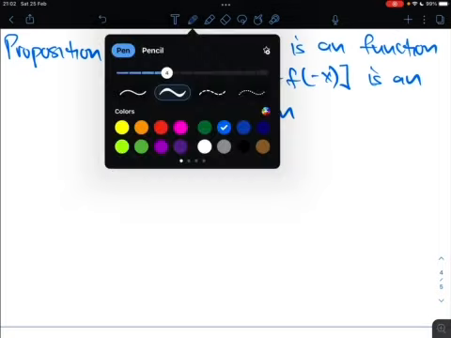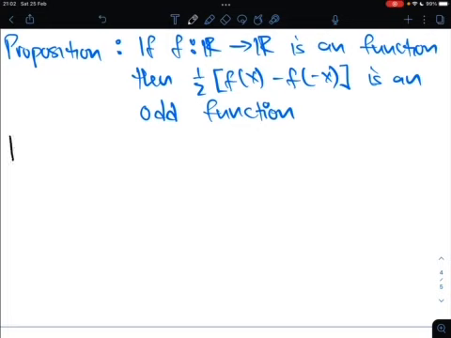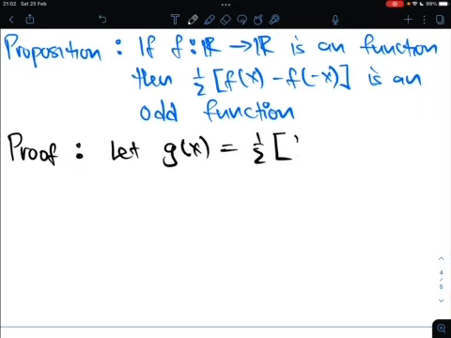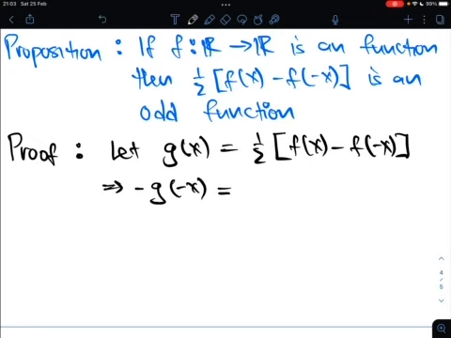How can we prove that? To prove that, we use the same logic that we did here. Let g of x be that given thing, which is half of f of x minus f of minus x. This implies, what is g of minus x? It's half of, where there is x we put minus x, so we get f of minus x minus f of x.